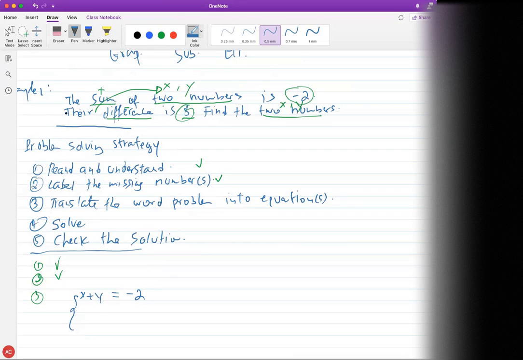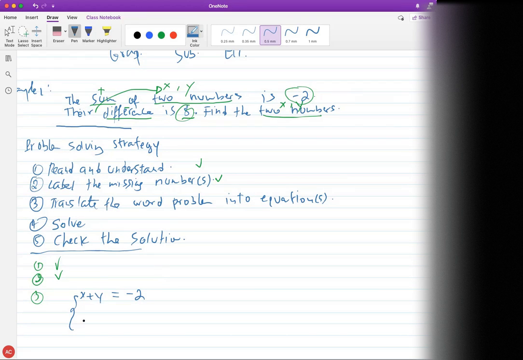Now, let's translate the second part. Their difference is 8. What's the second equation? Again, difference means minus. Their difference refers to these. So let's put this in an equation like this one.